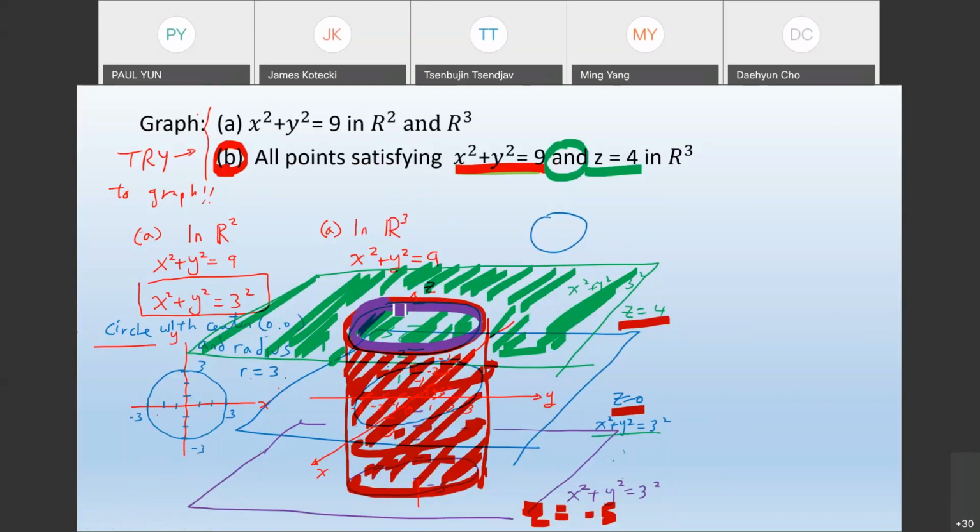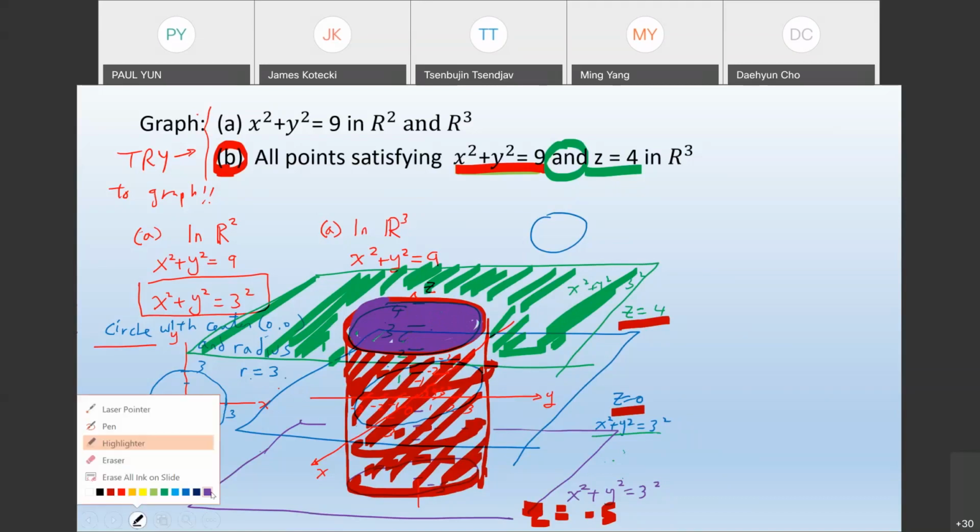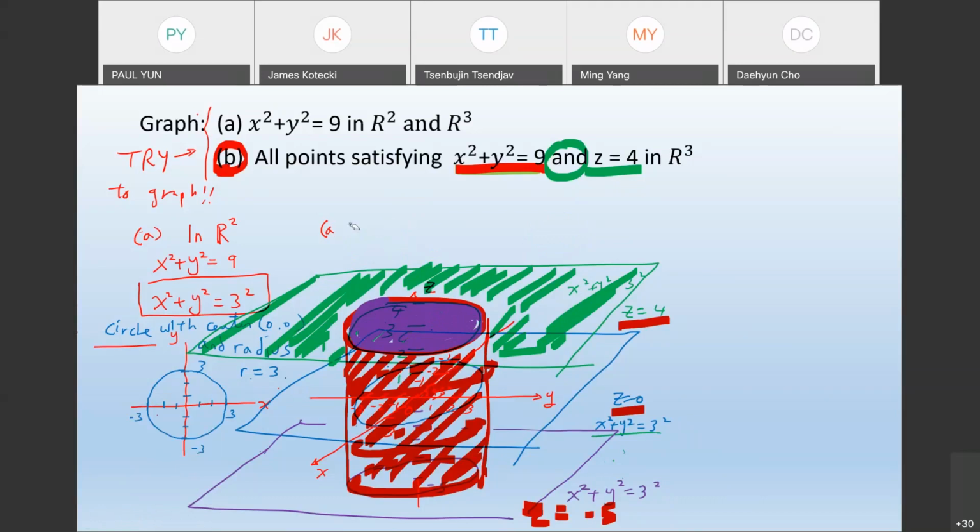Write down the equations for this one. All right, everybody. All points on here, let's write it this way. Can't you express all points on here? Okay. Let's write this down.